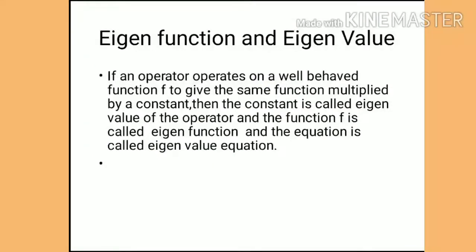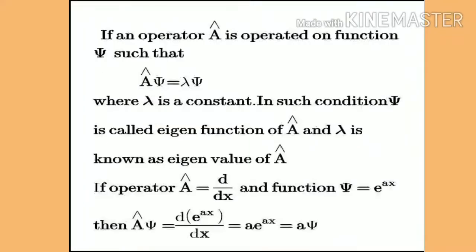So if an operator operates on a well-behaved function, it generates the same function multiplied by a constant. The constant is known as the eigenvalue and the function is known as the eigenfunction. We can understand it by observing the next slide.